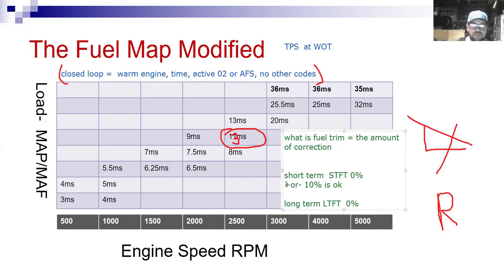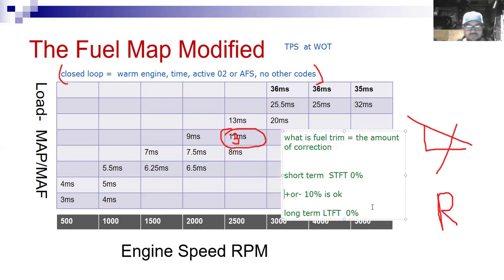So if my fuel trim is positive or negative 10%, for the long term or the short term, that's okay, and that's not going to set any codes. When I get too far out of that 10% zone, so maybe I'm at 20% fuel trim, or I'm at negative 32%, now is where I'm going to get codes.